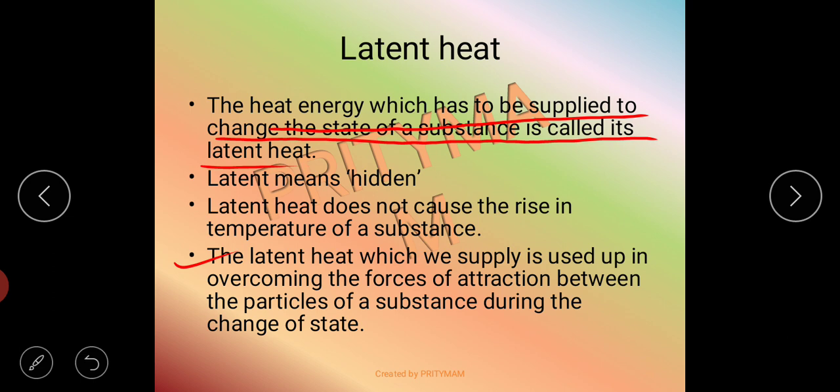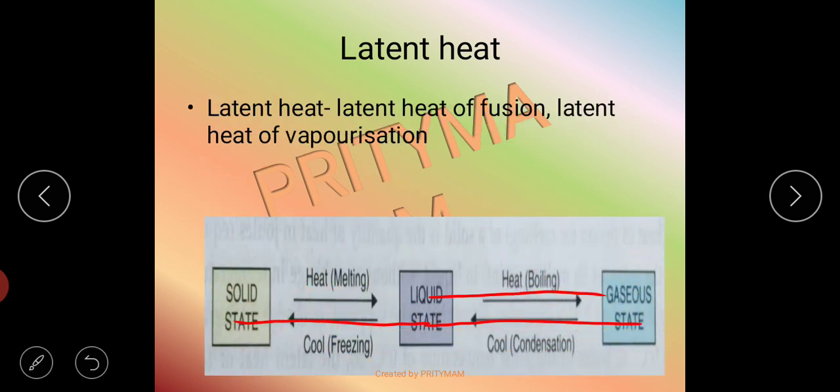Latent heat is of two types. One is the latent heat of fusion and another is the latent heat of vaporization. The heat required to convert a solid into a liquid state is called the latent heat of fusion, and the heat required to convert a liquid into a vapor form is called the latent heat of vaporization.